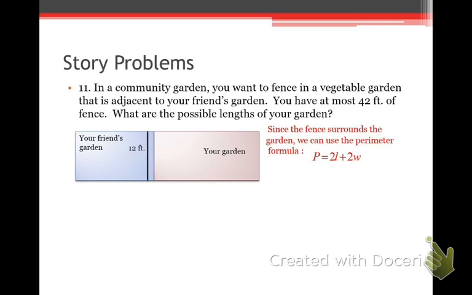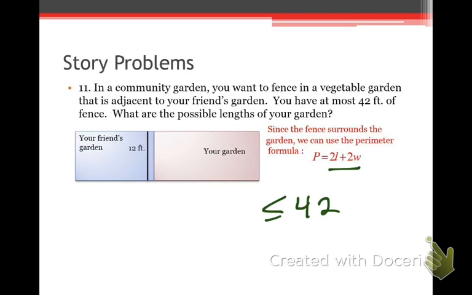But since we're going to put up a fence around the garden, that's perimeter, right? And so we have the perimeter formula, and we know that we have 42 feet of fence at most. So whatever we use has to be less than or equal to 42 feet. And the perimeter formula will tell us how much we're going to use, right?